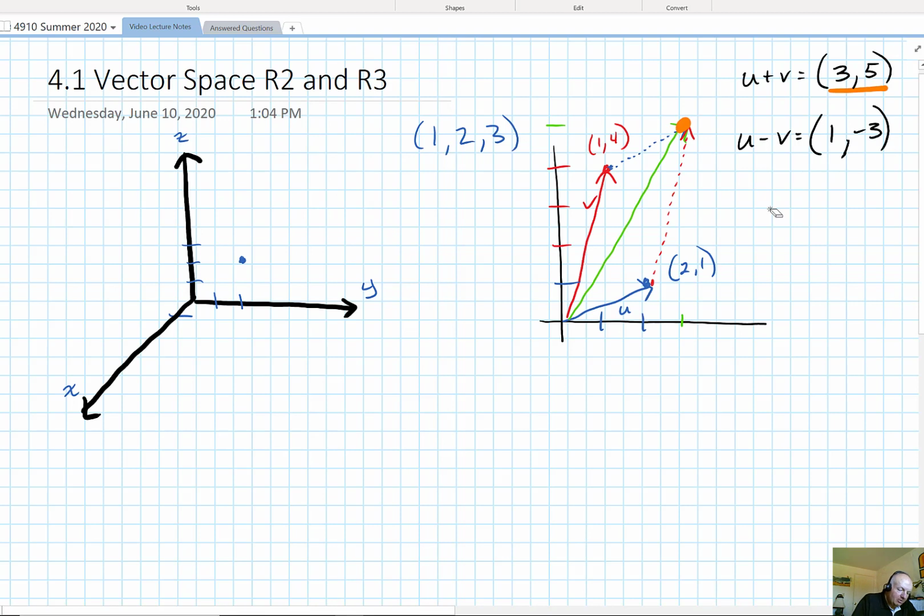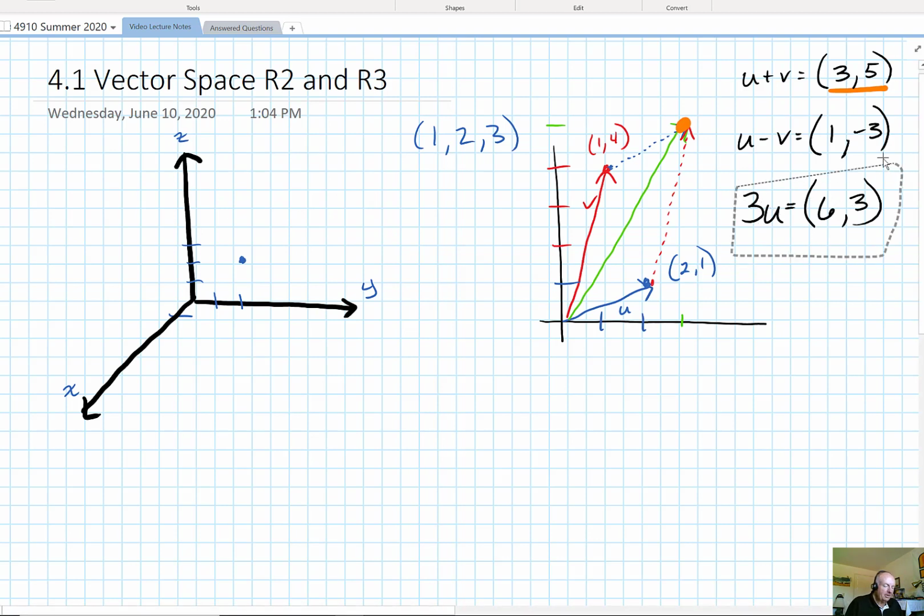The other thing we can do with vectors is multiply them by a scalar. So if I take u and multiply it by 3, that's going to result in something that I think is fairly intuitive. You just multiply the components of u by 3. So 3 times 2 and 3 times 1. Okay.